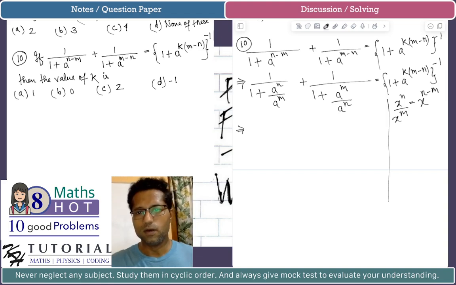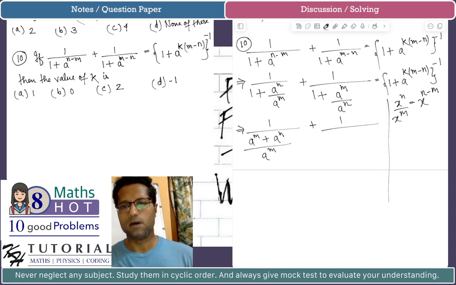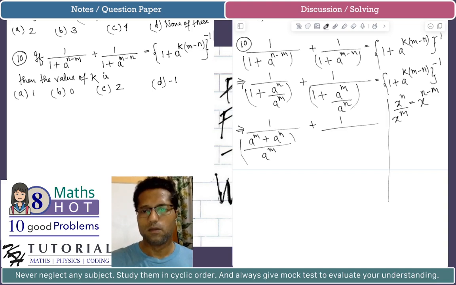Now if you simplify 1 plus a to the power n by a to the power m, it will be a to the power m plus a to the power n divided by a to the power m, plus, it's better if you put some brackets, so 1 plus a to the power m divided by a to the power n.